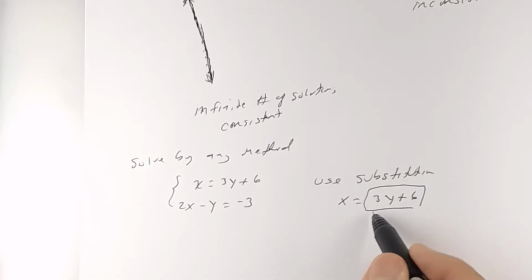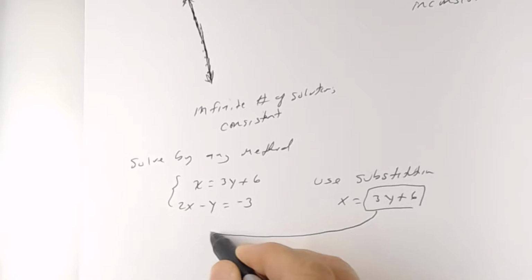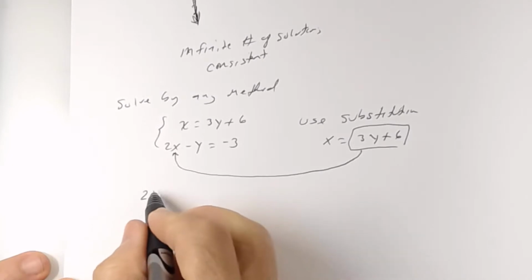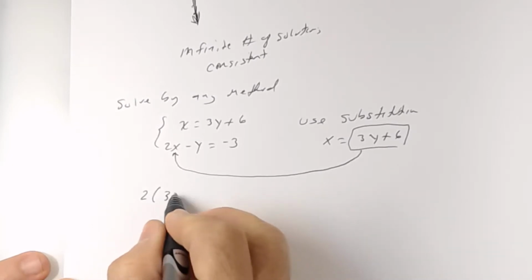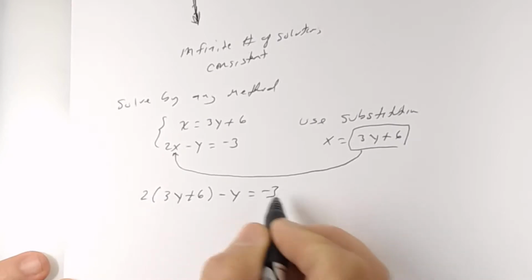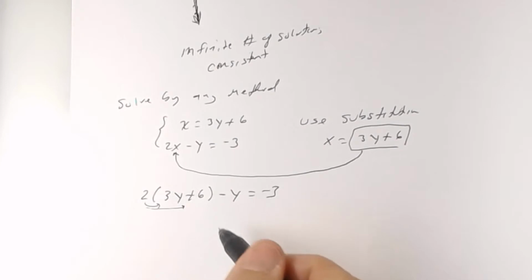Step 2 says I go to the other equation, and wherever you see the variable x, what do you substitute? 3y plus 6. So I get 2 times, in parentheses, 3y plus 6, minus y equals negative 3. Use the distributive property.